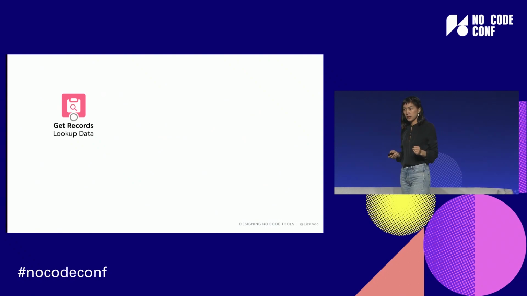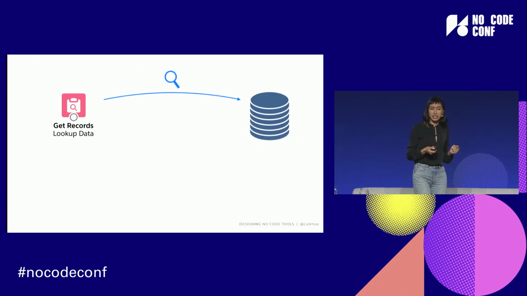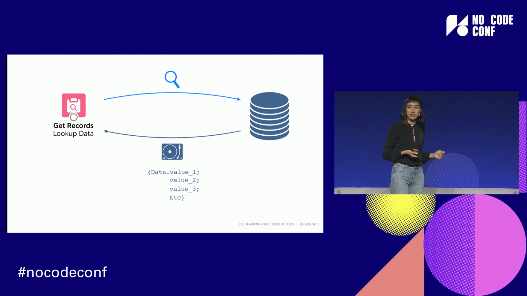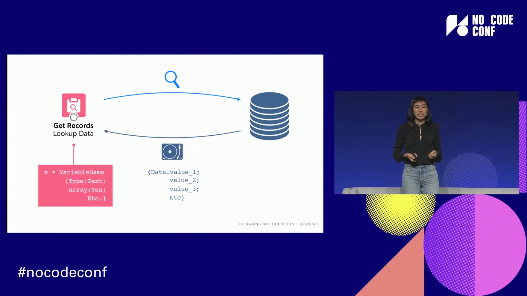So in Flow Builder, we do that with this get records element. So you give it some search criteria, and then the database returns a record that meets that search. But then to actually use that data in your business logic, you had to declare variables and then almost one-to-one map that data into the variables.